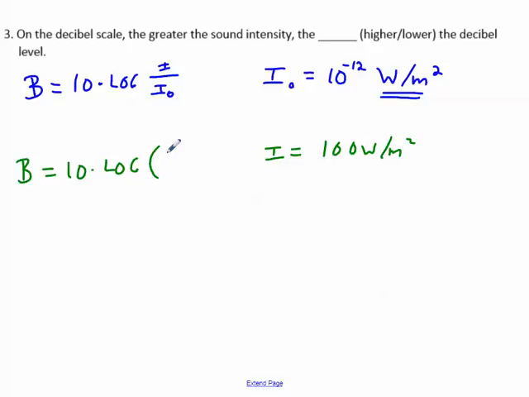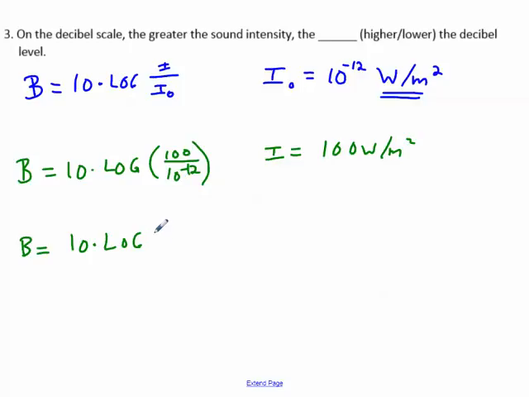This would be 100, the intensity that we measured, over intensity naught, 10 to the negative 12.